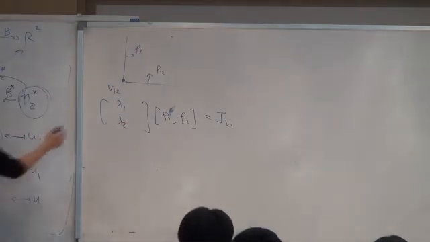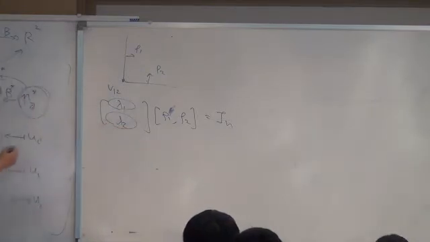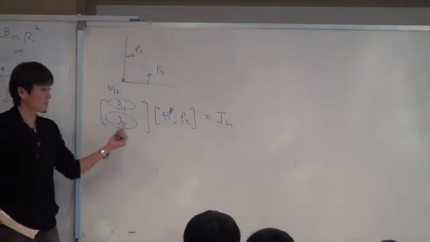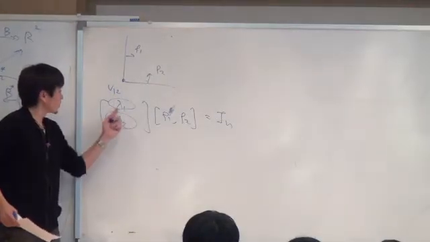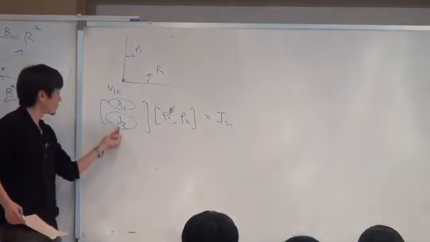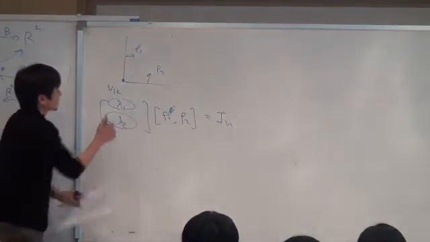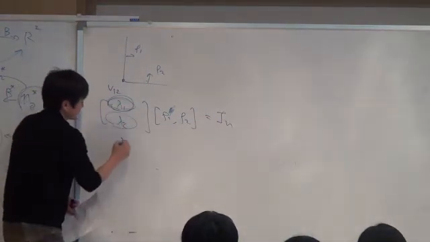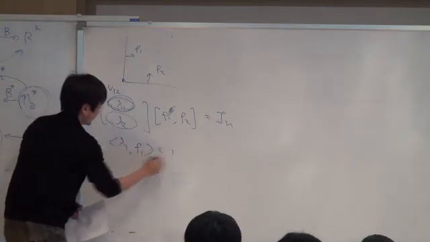I want to interpret what these vectors are. Because this is the inverse matrix, if you take an inner product with this and this, it gives you 1.